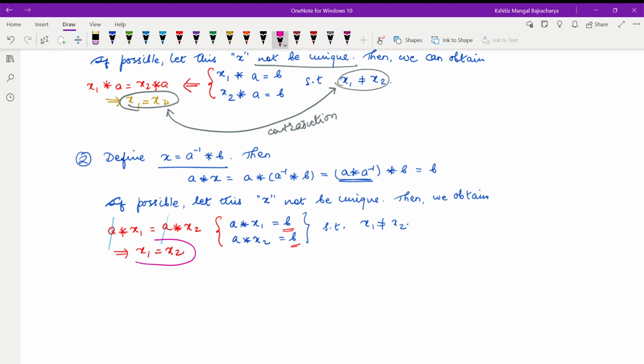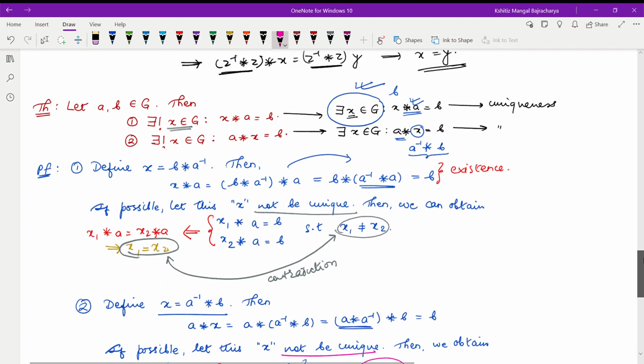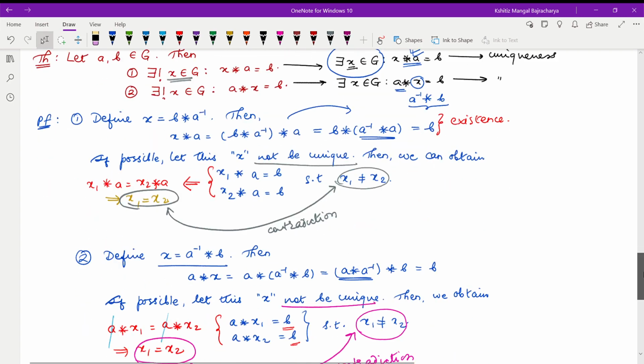Now this part of the statement contradicts this part of the statement, so we've obtained a contradiction. So this assumption which we made is not correct, so the value of X should be unique. Okay, this establishes the existence as well as uniqueness of X.